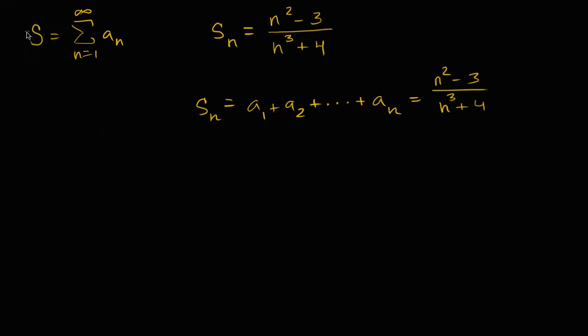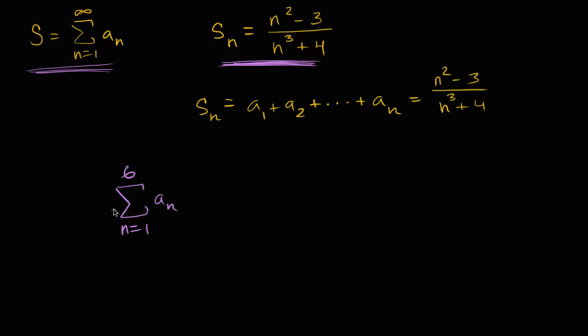If S is the infinite series, the sum from n equals 1 to infinity of a sub n, and the partial sum S sub n is defined this way, find what the sum from n equals 1 to 6 of a sub n is.